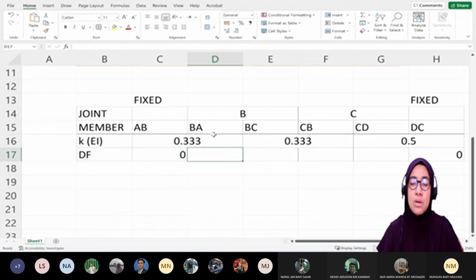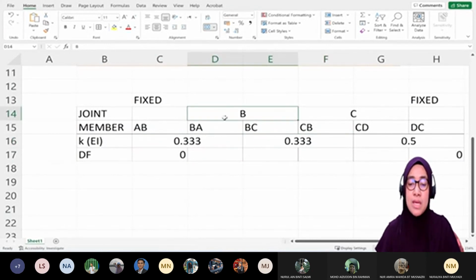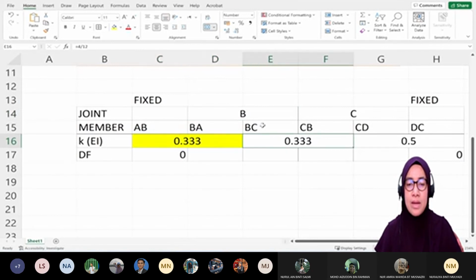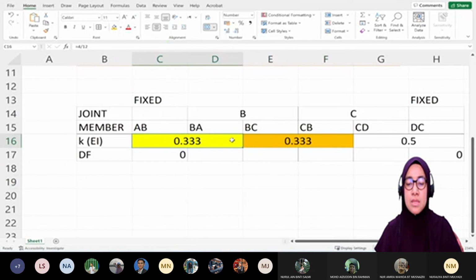Okay. So K for BA is 0.333. Total means 0.333 plus 0.333. Total at joint B comes from BA and from BC.